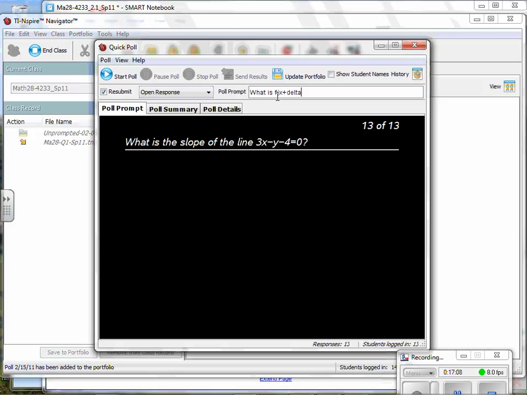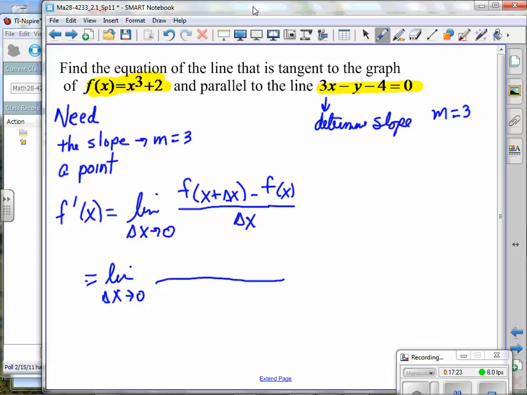Delta x. That's all I want, just that expression with x plus delta x. All I want to know is how do you interpret f of x plus delta x? Don't go any farther than that.